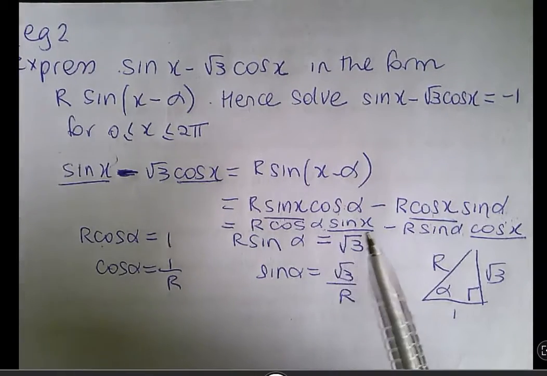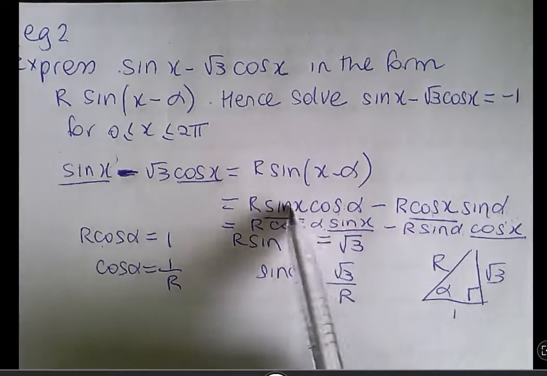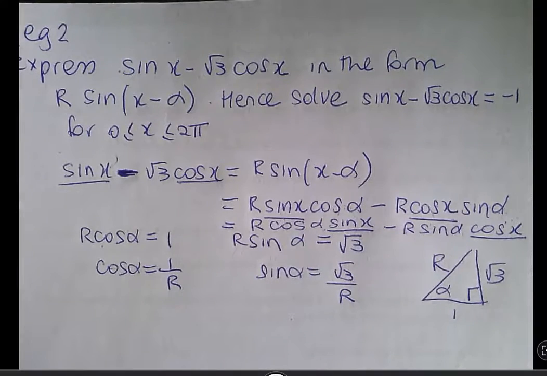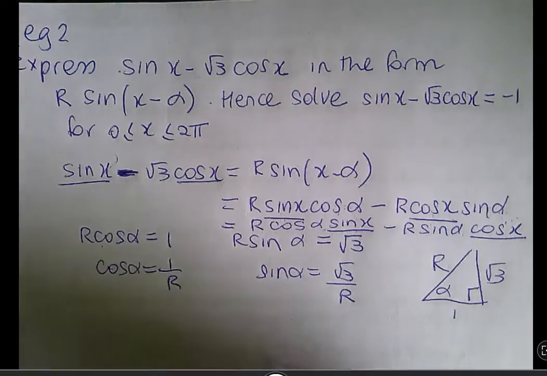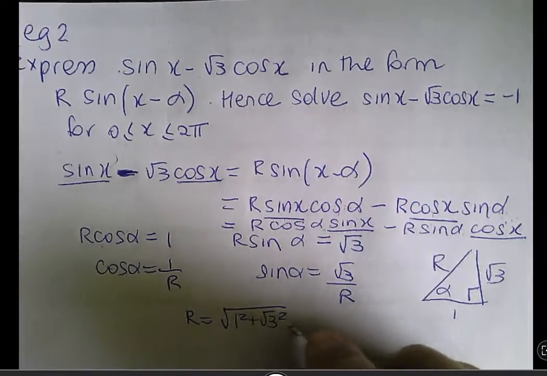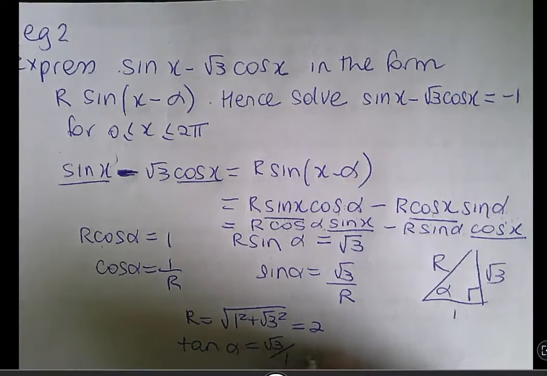So sometimes it's easier just to swap those two. Swap those. See how I've swapped them on the next line? Then it's easier to see. All right. So now r is the square root of 1 squared plus root 3 squared, which is 2. Square root of 4, which is 2. And tan of alpha is root 3 over 1.